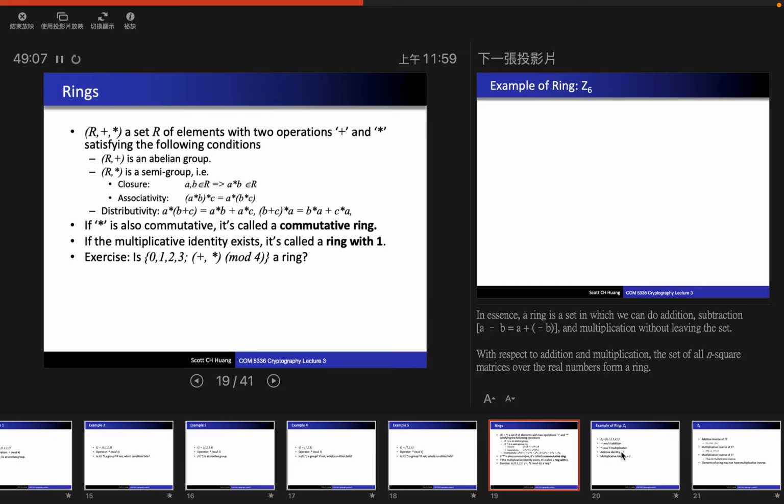Not only that, is it a commutative ring? Yes. Do we have 1? Yeah. So it's a commutative ring with 1. It's exactly like the set of integers. The set of integers is a commutative ring with 1.